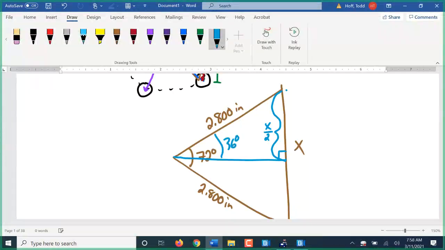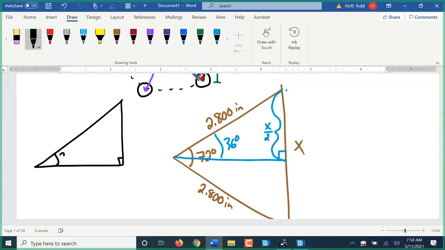So this is going to be 36 degrees. So what we're going to be working with now is just that triangle. This is 36 degrees. This is 2.800 inches. And I'm going to call this y over here because it's not x anymore. It's x over 2. But I want to find that side y.